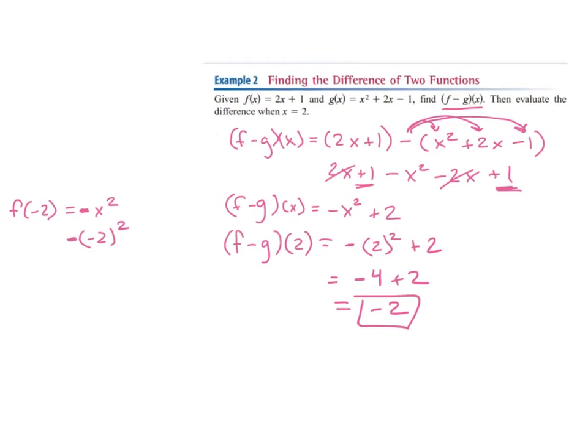Would there ever be a question that doesn't give you a function to work with? Like you'd have to remember the other way to write it? I don't understand your question. Like the f minus g and the x, would they not give you that in a question, and you just have to remember? They give us 2 functions, and then this is telling us what we need to do to those 2 functions.